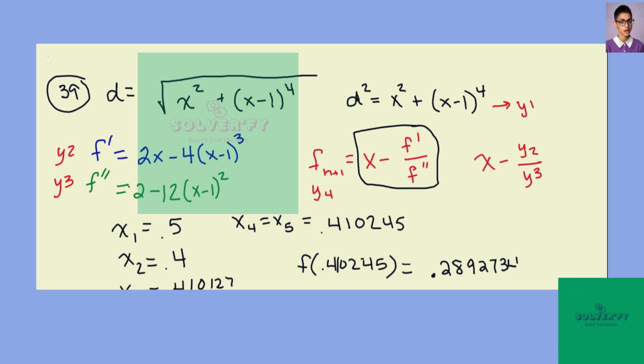But remember, that equals d squared. So I want to take the square root of that to find my answer. So the square root of 0.2892734 equals 0.537841.